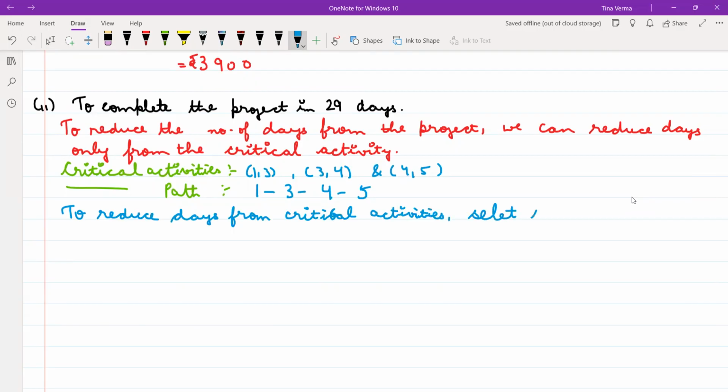Select the critical activity whose slope is minimum.